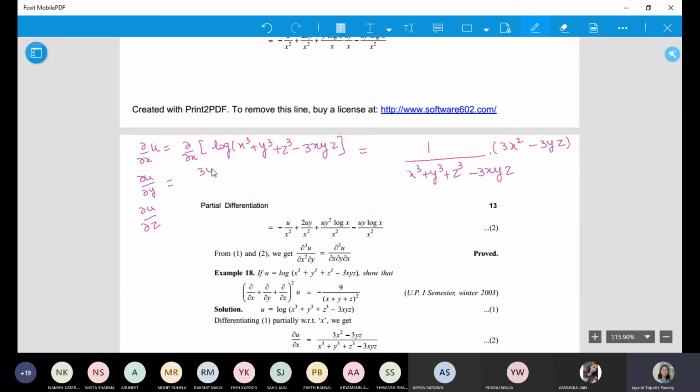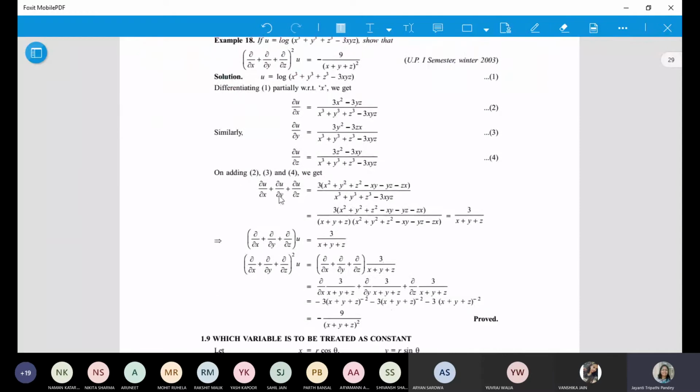What will it be? 3y square minus 3xz, and this is 3z square minus 3xy, upon the whole thing, right? Now see, when you add it, what will you get? When you add it, you are getting this.